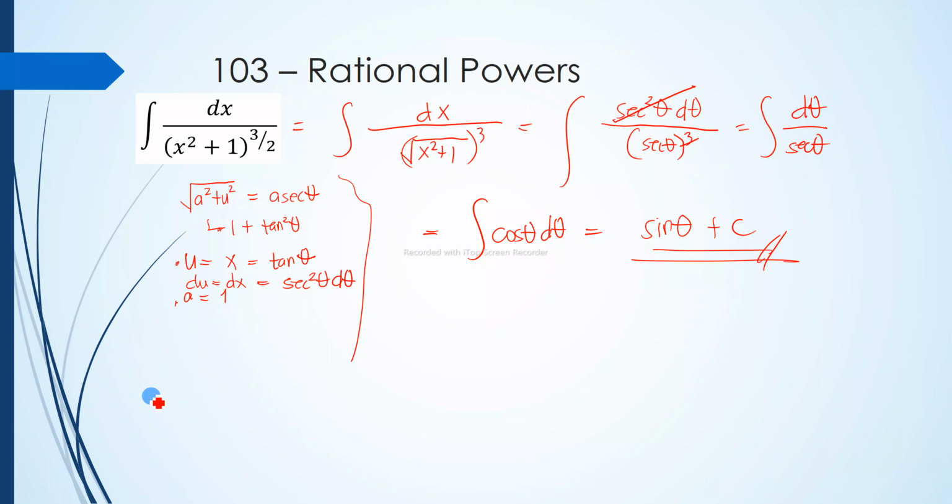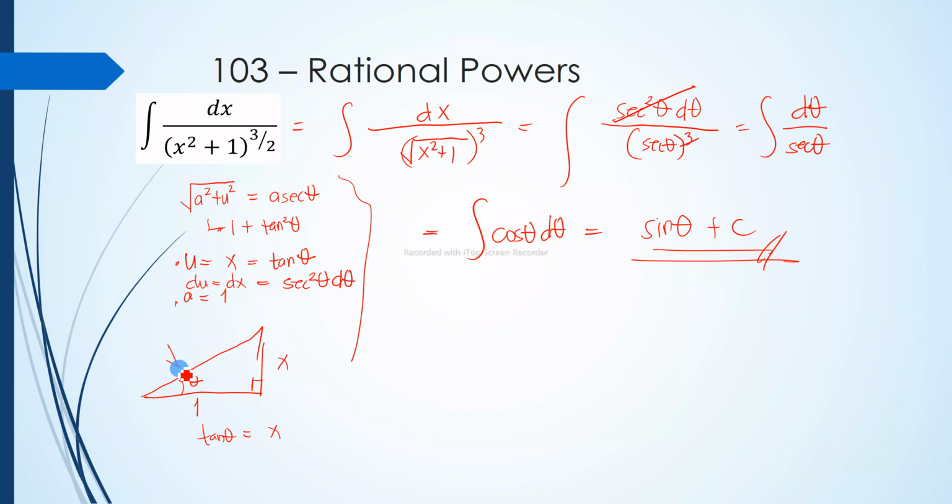Again, we incorporate the right triangle. So we have our theta here, and given that the tangent theta is equal to x, the opposite of our angle theta is x, the adjacent is 1.